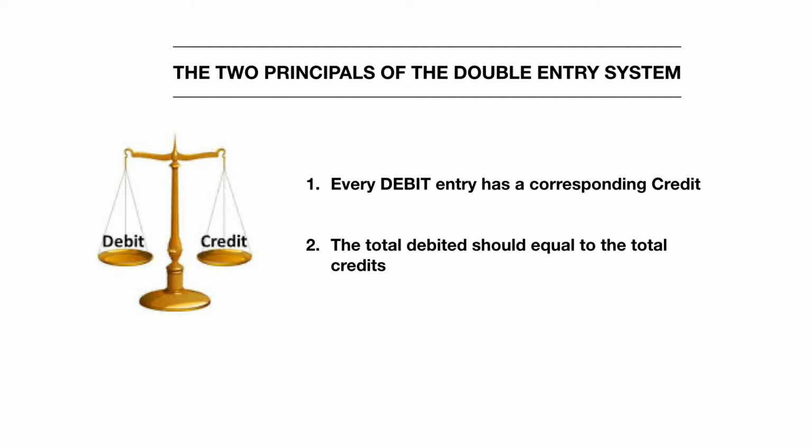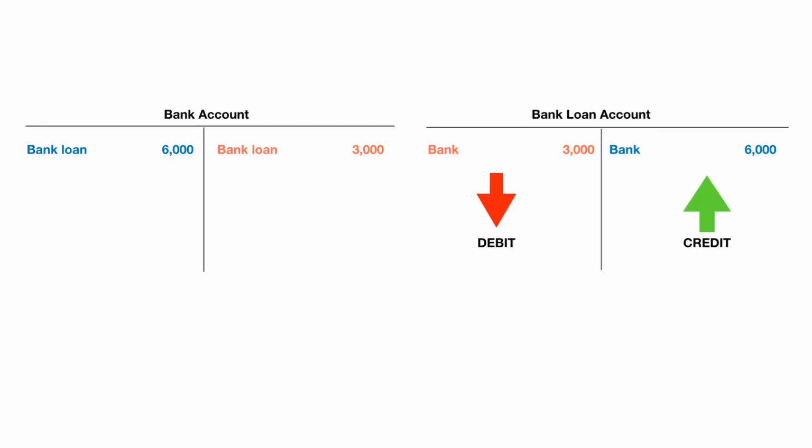Now let's look at this in a transaction. Let's say the business is obtaining a bank loan. So when the business obtains a bank loan, the bank account will increase by 6,000 by the bank loan, and you will create a new liability, which is the bank loan.